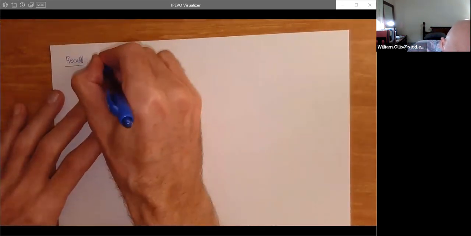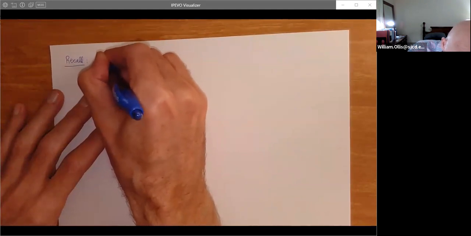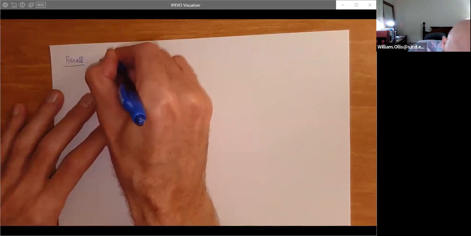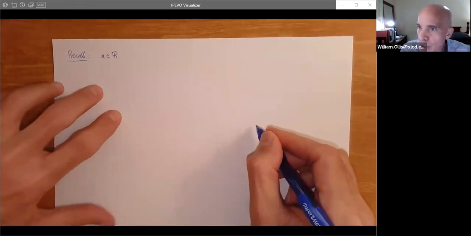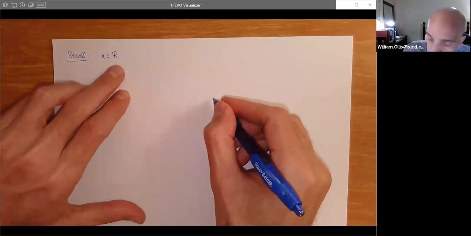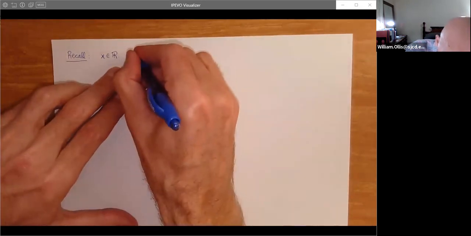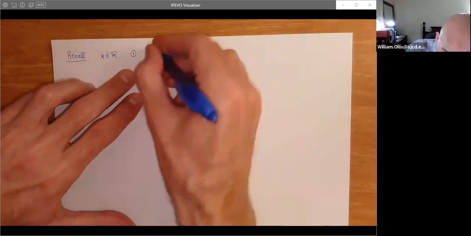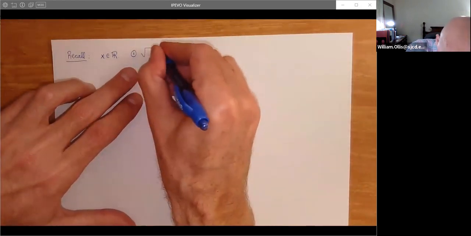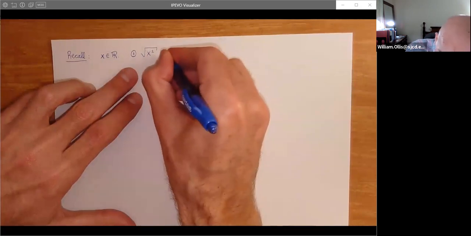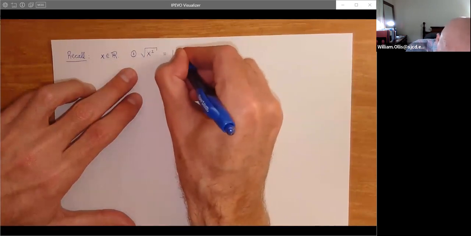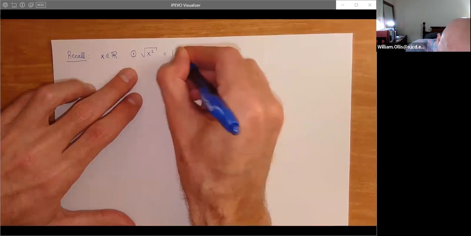Recall that when we have real numbers, later on when you do complex analysis, you'll extend the absolute value to that. But for now, we'll start with real numbers. One of our major results, which I've already talked about, is we define the principal square root of x squared to be the absolute value of x.